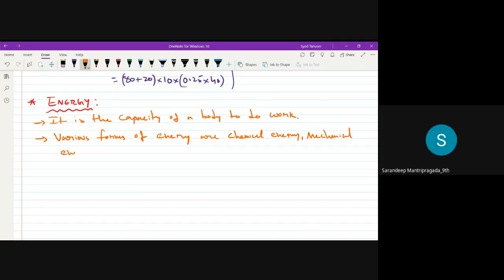solar energy or light energy, sound energy. Sound is also a form of energy. Heat energy.